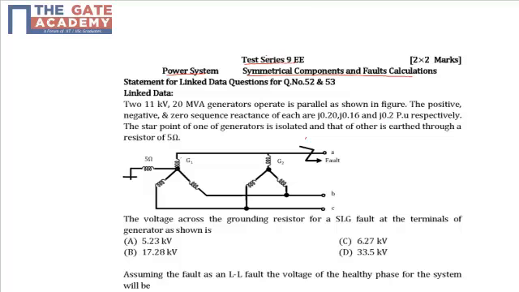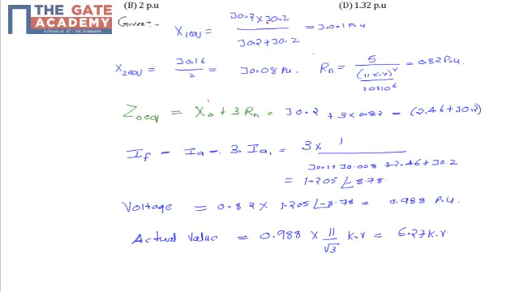These two become parallel, so after solving you get x1 equivalent as j0.1 pu. For the generator 2, x2 equivalent is the negative sequence reactance j0.16 divided by 2, that is j0.08 pu.